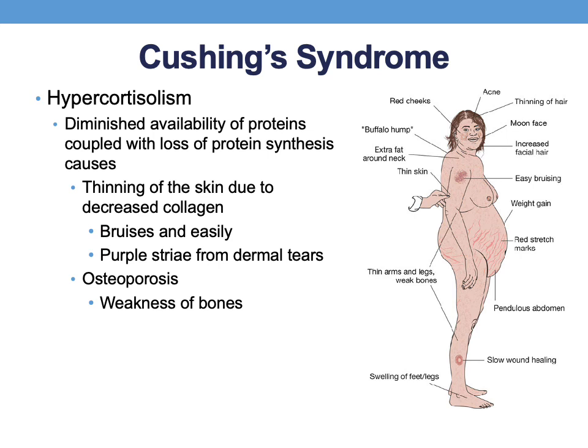Lots of bruises, purple striae, thinning skin, classic fat distribution, very lean extremities with a large abdomen and large fat pad across the back of the shoulders. And then it can lead to osteoporosis because bones need collagen as well as a hydroxyapatite matrix. So it needs to have the collagen to strengthen bones.